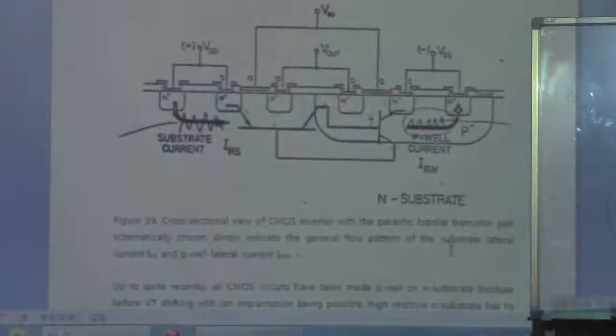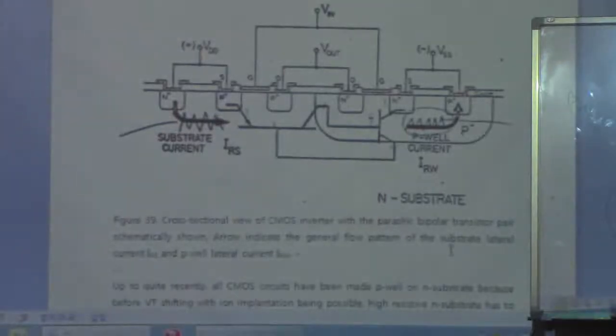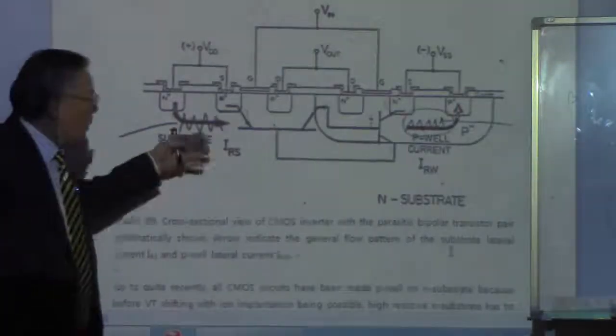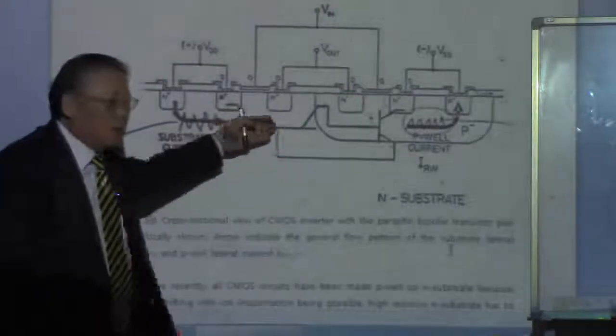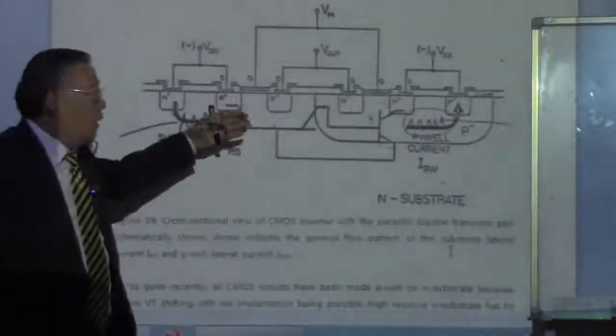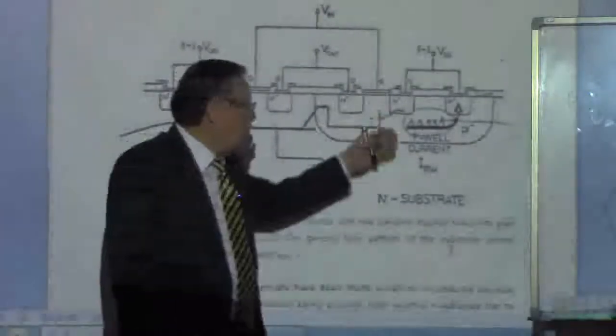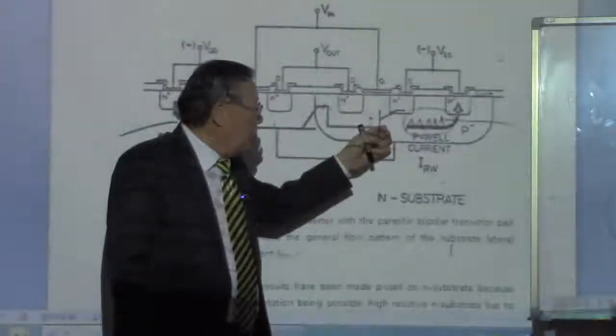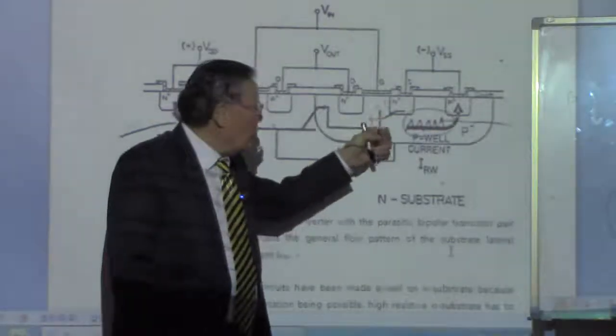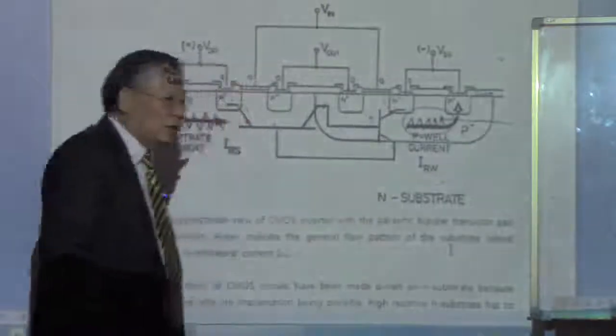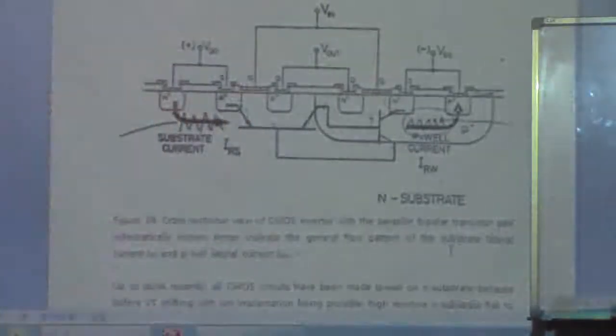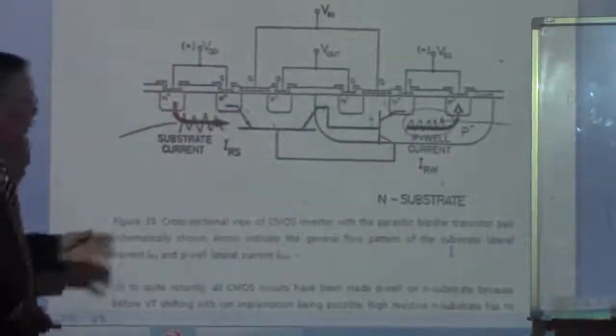So making damage on the substrate is going to reduce the beta in this lateral transistor more than the gain of this vertical transistor, right?